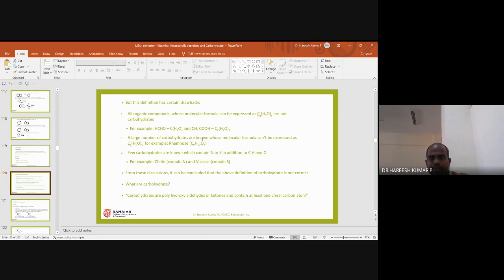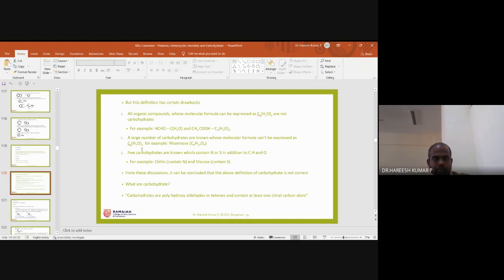And one more thing: certain carbohydrates contain nitrogen and sulfur. For example, chitin, a naturally occurring compound, contains nitrogen and it is a carbohydrate. Similarly, there are carbohydrates that contain sulfur as a heteroatom.